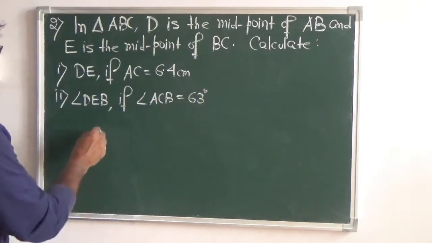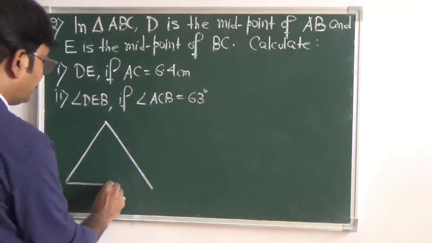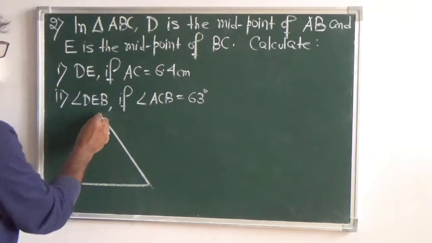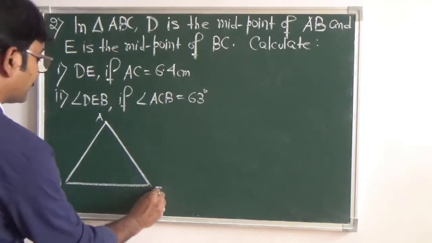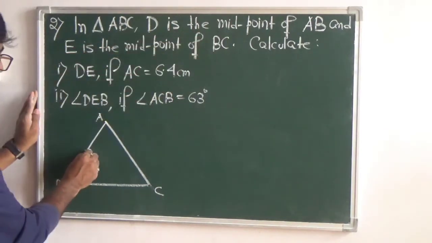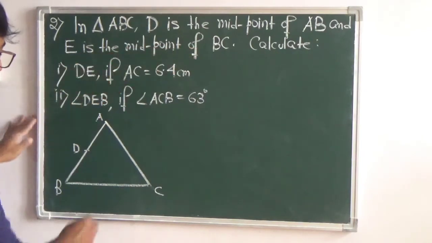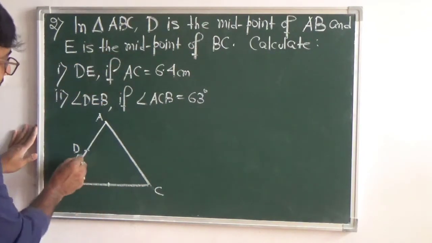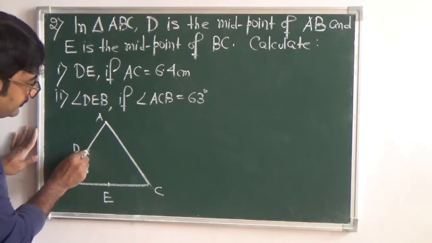So let us draw the diagram first. This is the triangle ABC. We are given D is the midpoint of AB, so let us take it as D, and E is the midpoint of BC, so this is the point E. Let us join these two.